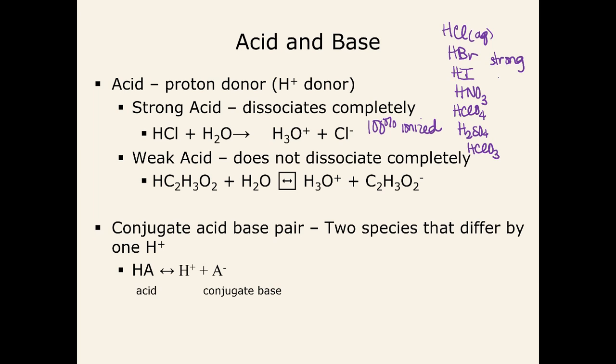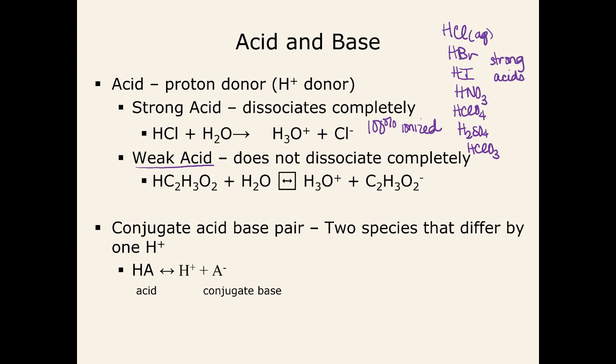Now, the truth is that in biochem, we are mostly concerned with weak acids. But weak acids, how do I spot them? There's hundreds of them. So the best thing to understand is if it's not on our list of strong, then it's a weak acid. Weak acids are not ionized 100%.